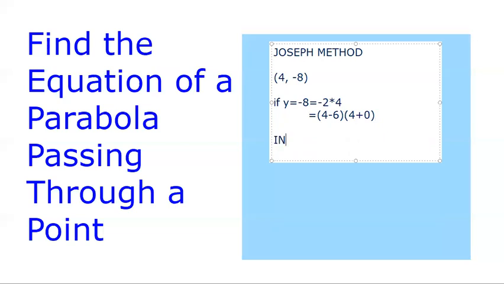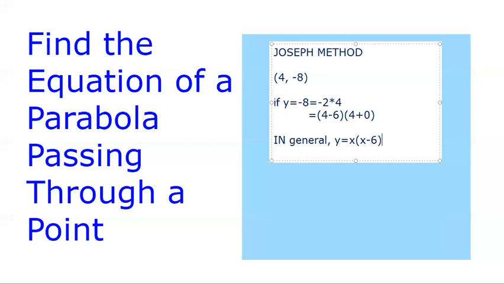So in general, we have y, which is equal to x minus 6 times x. So instead of putting it in the back, I'm just going to put it out front. So I have x times x minus 6. So I replace the 4 with an x, and then we have our general equation, right? Okay, good.